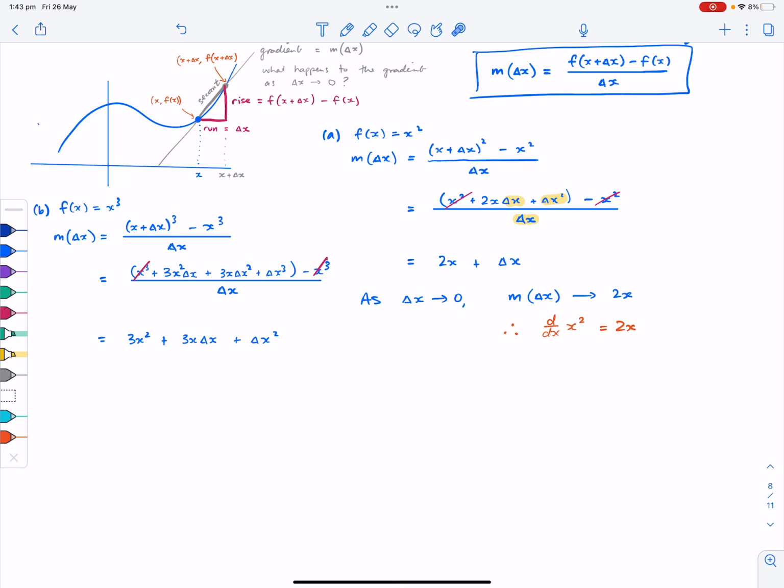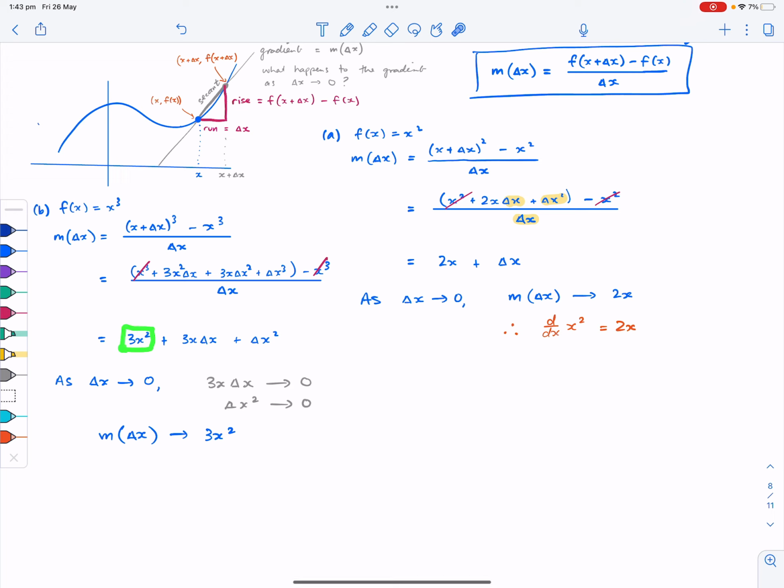There's no more denominator. And now I can say as delta x approaches 0, I can note that 3x delta x approaches 0 and delta x squared approaches 0. And so what we have is the gradient approaches 3x squared. See? That approaches 0. That approaches 0.